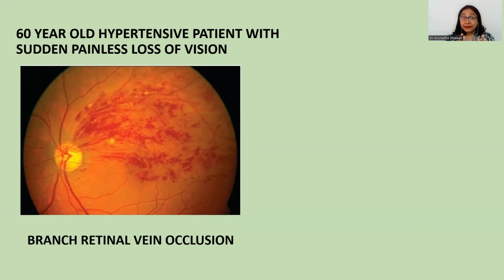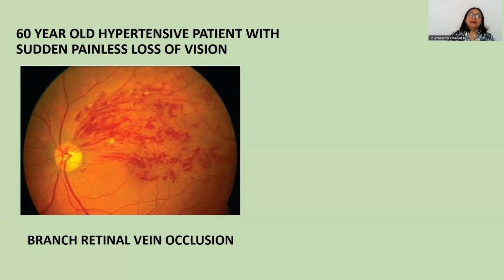So multiple retinal hemorrhages in one quadrant of the retina. It means, again, it is a vein occlusion, but a branch retinal vein occlusion. The patient will have a similar history, sudden painless loss of vision, but the diagnosis becomes branch retinal vein occlusion because only one part of the retina is involved.